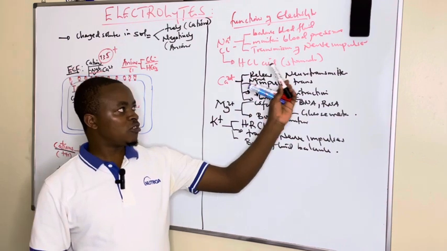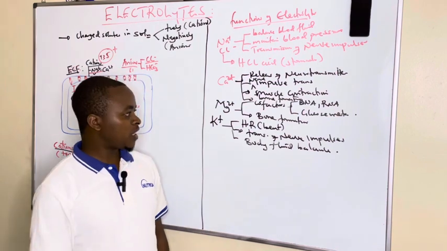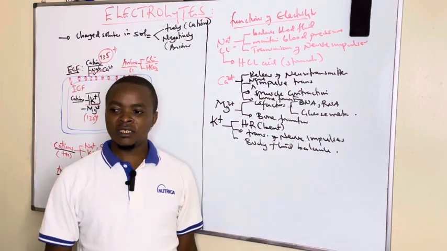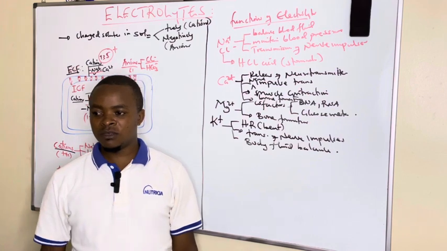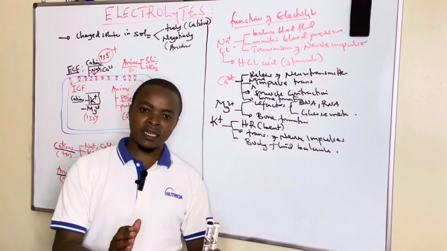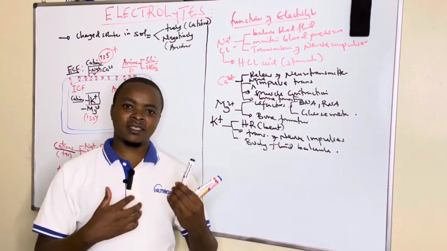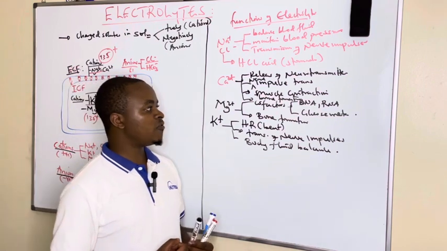If you say transmission of nerve impulse, the example is sodium or potassium. If you say bone formation, you give an example like calcium and phosphate together with magnesium. If you say maintaining the heart rhythm, an example is potassium. So you give examples per each function of an electrolyte.